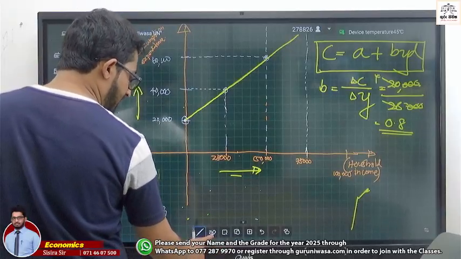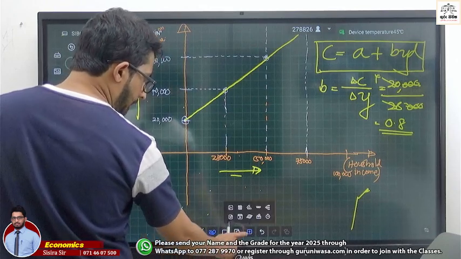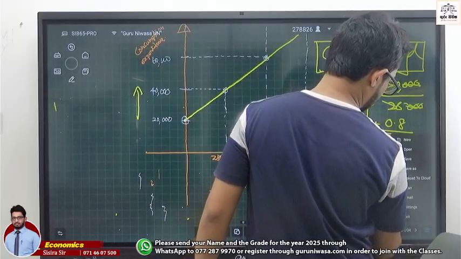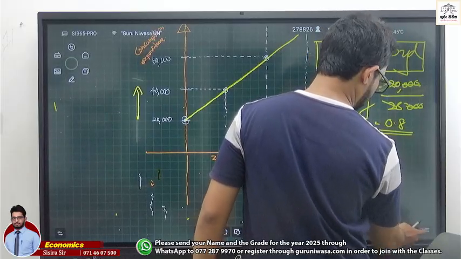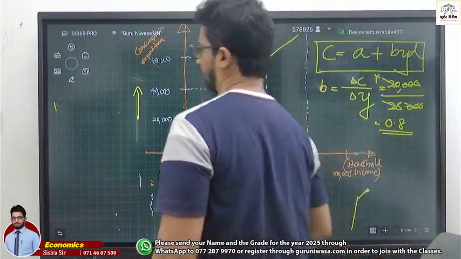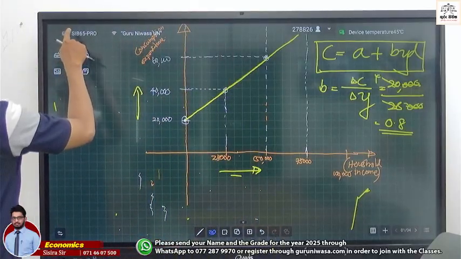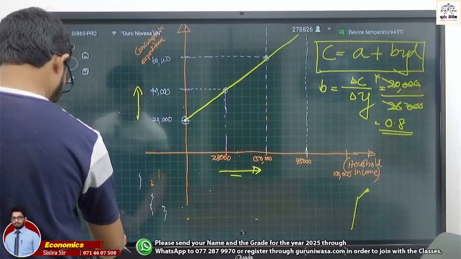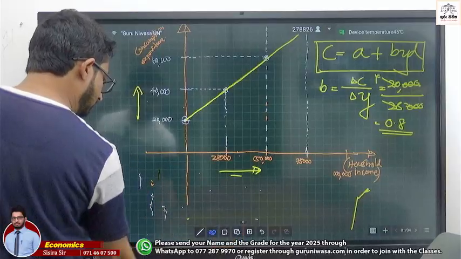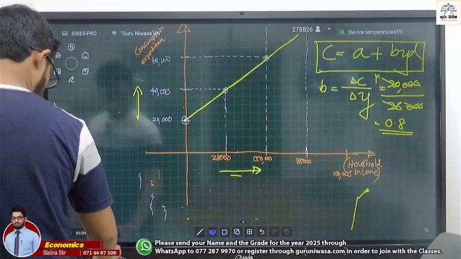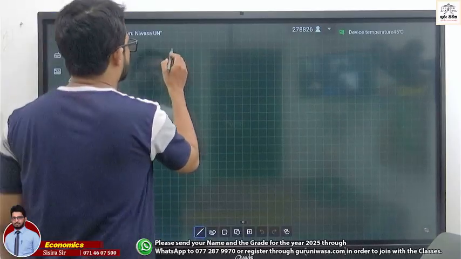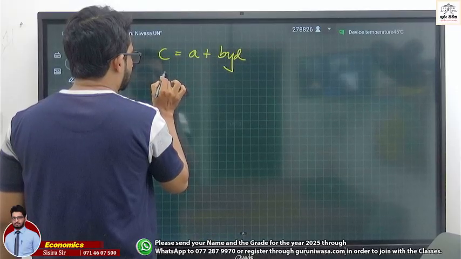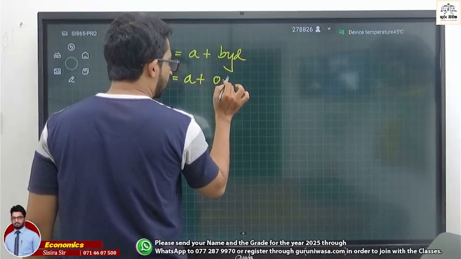Now try to calculate the intercept. C equals A plus BYD, with B's value, C equals A plus 0.8 YD.